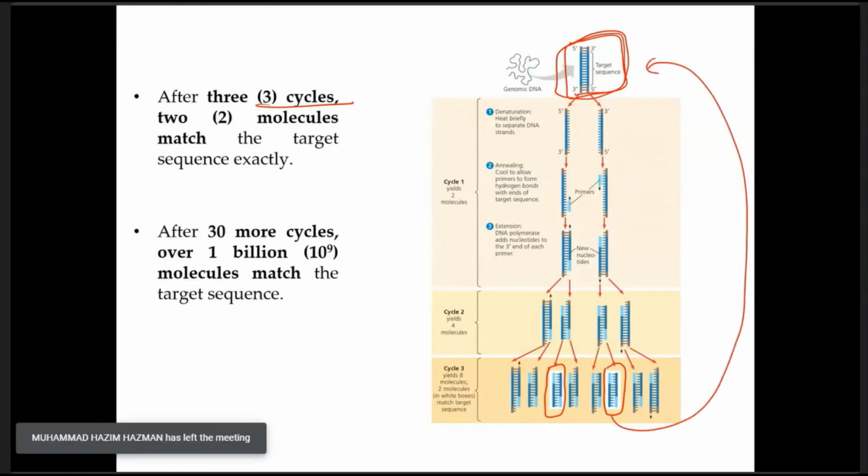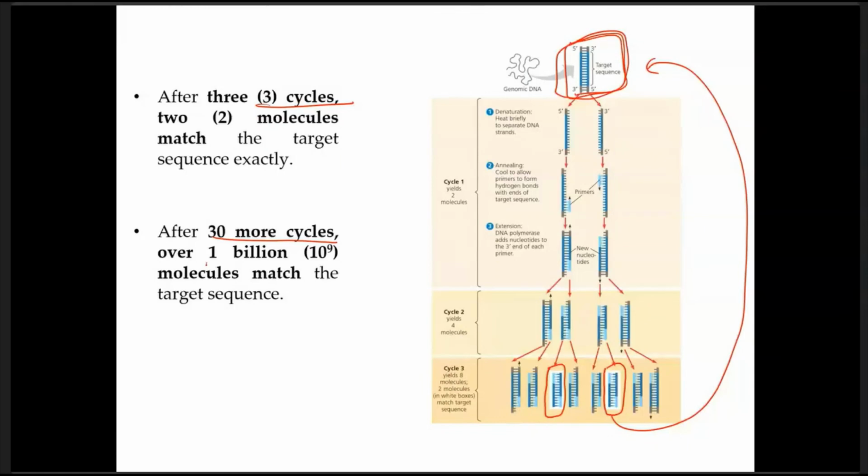But after 30 cycles, you have 1 billion molecules that match the original. So that is the purpose of PCR, to increase or amplify the amount of DNA from the original sample that you have obtained. So this is the video.